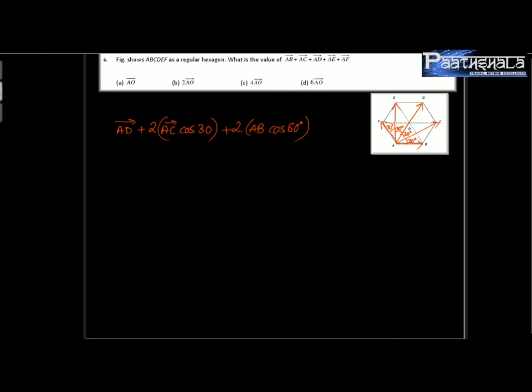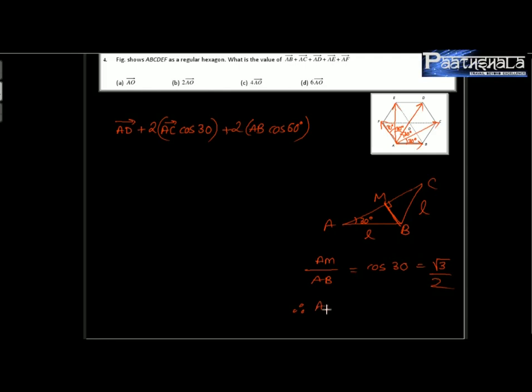For that, we have to note that in triangle ABC, AB is nothing but AO in magnitude, and I'm going to write this as L and this as L. So AB and BC, both the lengths are equal to L. So what is the length AC? Since this angle is 30 degrees, we get AM upon AB is equal to cos 30, which is root 3 by 2.